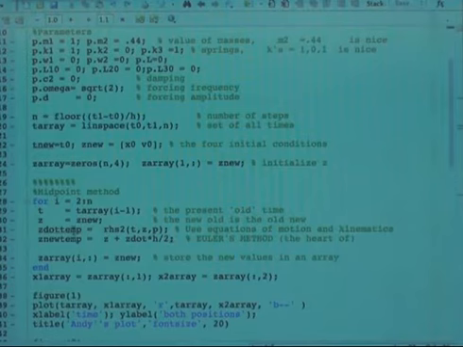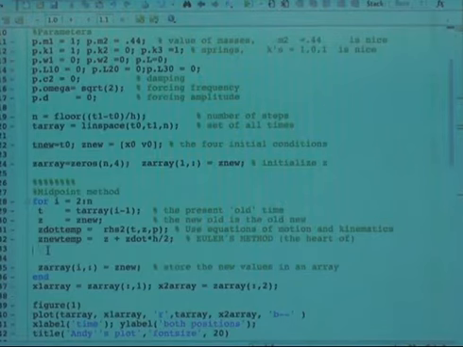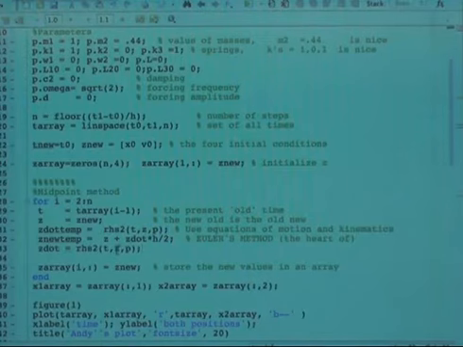Now that I've got this new z new temp, I'm going to go back and I'm going to calculate a new z dot. And I'm going to calculate it by taking this right-hand side. And I'm going to evaluate it now at, instead of at z, I'm going to evaluate it at z new temp.